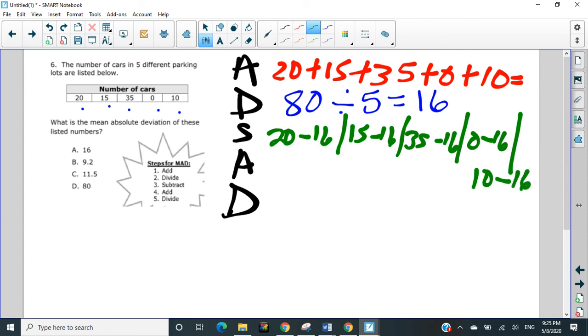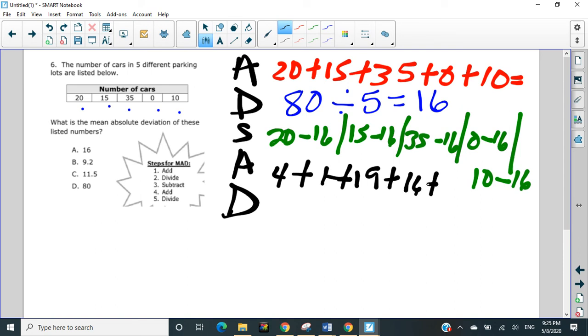Okay, so once we subtract, we get new numbers. And we're going to get 4 plus 15 minus 16, that's a negative 1, but it turns into a positive because we're not using negatives. And then 35 minus 16, that's a 19. Then 0 minus 16, that's a 16.